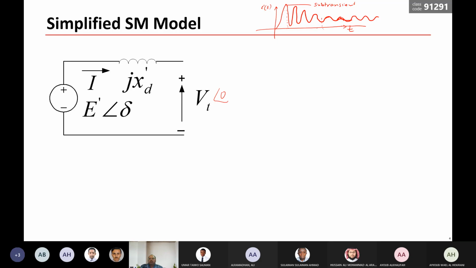Over a few cycles, 10 cycles or so, this current is called the transient current. And after this, we call it the steady state current.